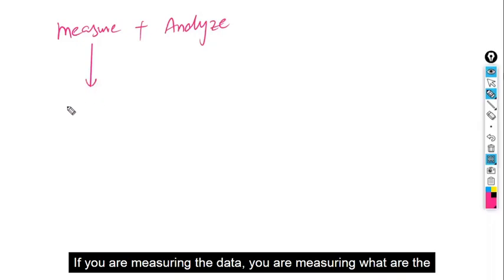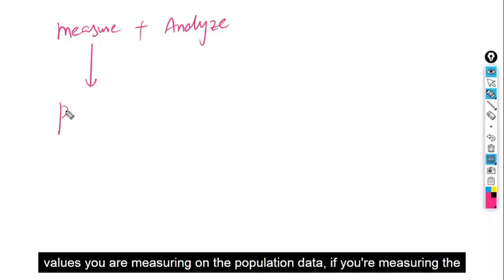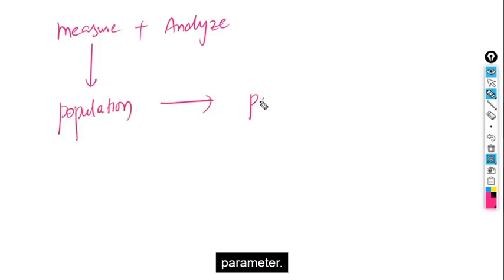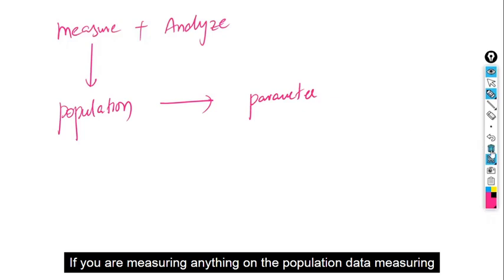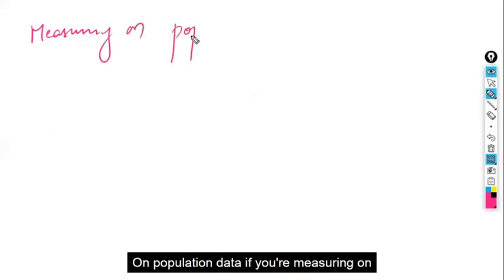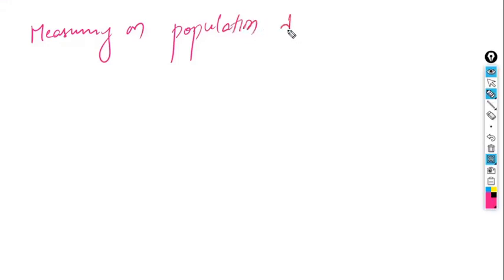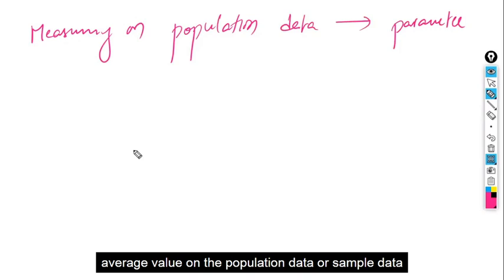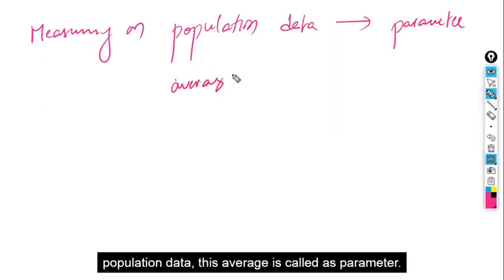Whatever values you are measuring on the population data, if you are measuring on the population, then it is called a parameter. For example, if you have calculated the average value on the population data, this average is called a parameter.